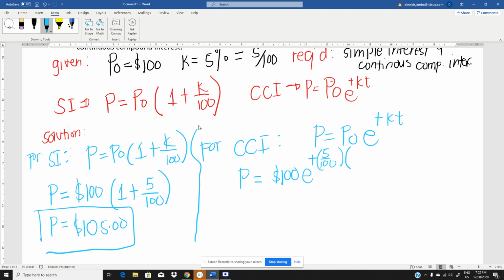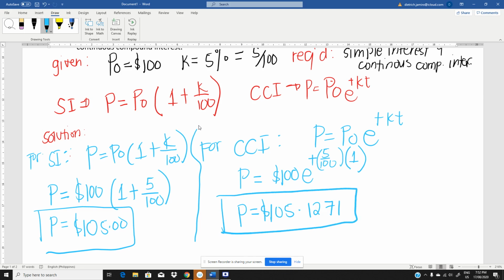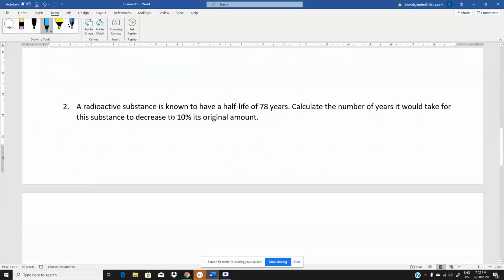Our t is equivalent to 1 year. Using our calculator, we will come up with P is equivalent to $105.1271. So that's the answer. Now let's go to our second example, which is this.